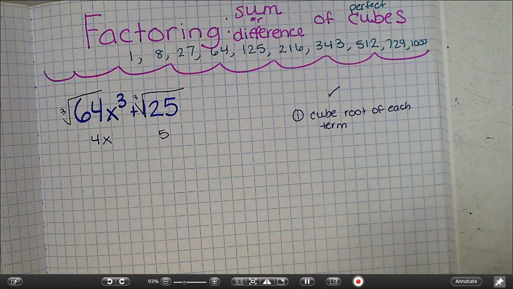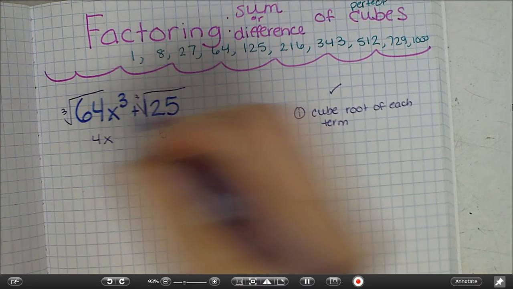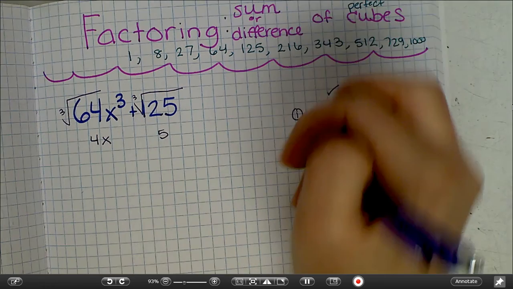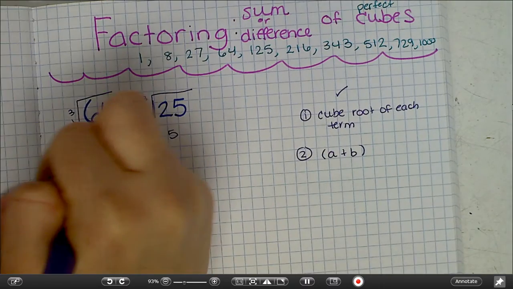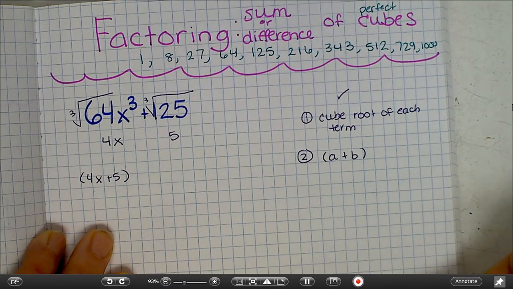Now, this is where people get confused. This is absolutely a memorizing thing. You need to memorize this pattern, okay? So when it is plus, when it is a sum, you're going to add the factors together. So 4x plus 5, okay?